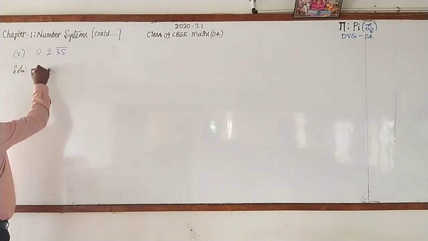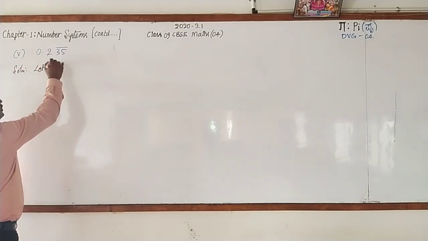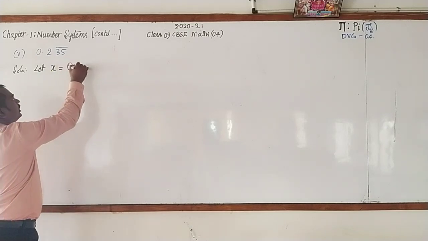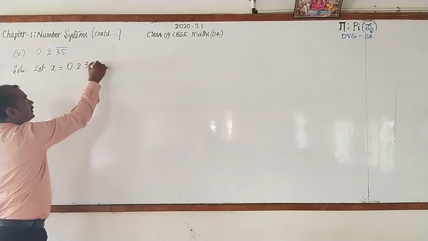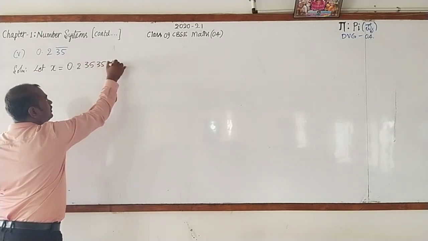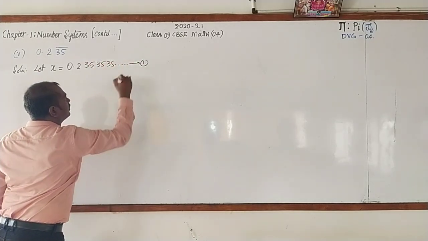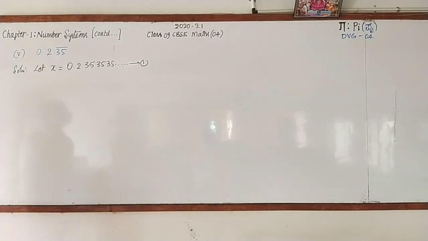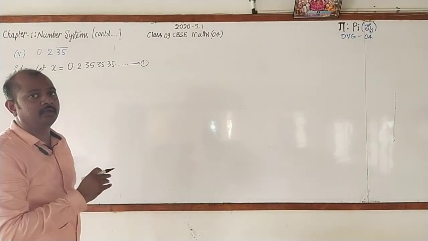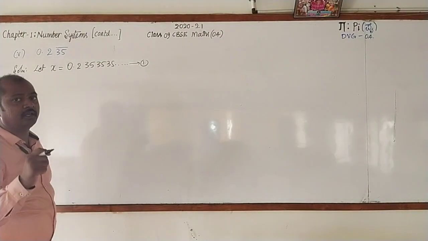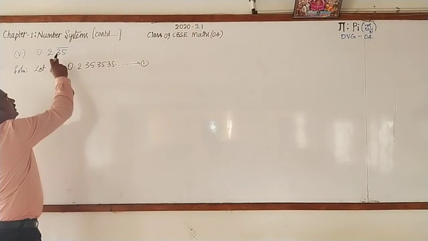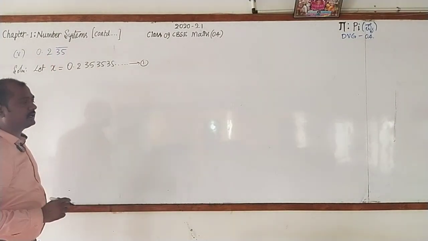Here, let us take x equal to 0.235 bar. The repeating block is 35, 35, 35, 35 and so on. You may call it equation 1. Could you tell what should be multiplied to both the sides? Yes, it is 100. Why is it 100? Because in the repeating block 2 digits are there.